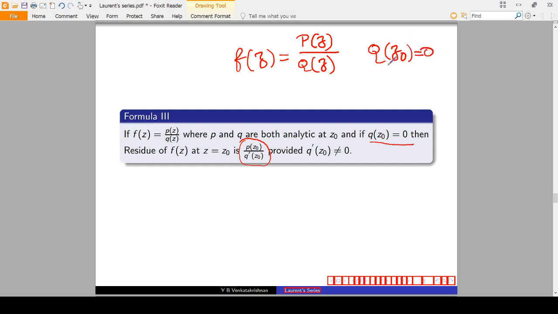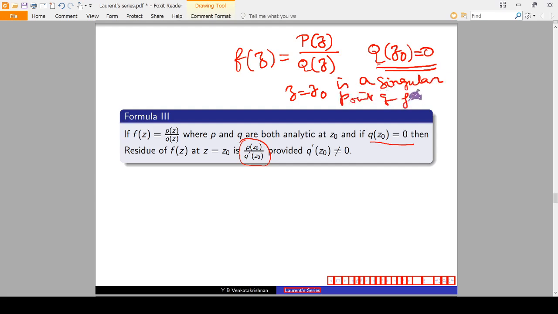Why is this q of z naught equal to 0? If q of z naught is equal to 0, then you can say that z is equal to z naught is a singular point of f of z.